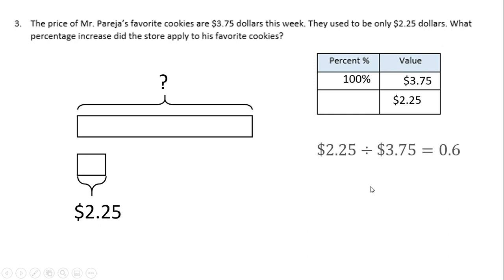We need to divide that value into 3.75 groups, and our answer is multiplied by 100. Again, we're starting with what we know on the table, we're dividing and multiplying. Our answer will show that we paid 75% of last week's amount for those cookies, meaning I got 25% off this week.